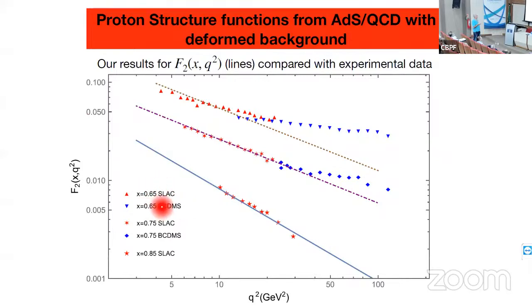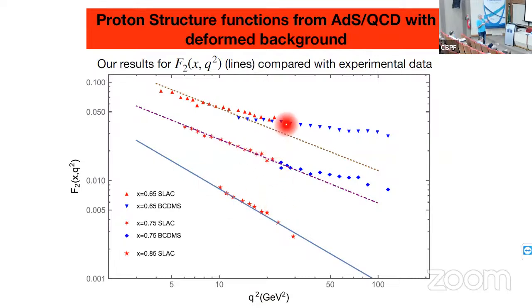So we have x equal to 0.65, 0.75, and 0.85, and data from SLAC and BCDMS. As you see, the case of x equal to 0.85 is the best result for us. We are following the Polchinski-Strassler prescription, and this kind of calculation I'm showing is more suited for large x, so it's working very well.